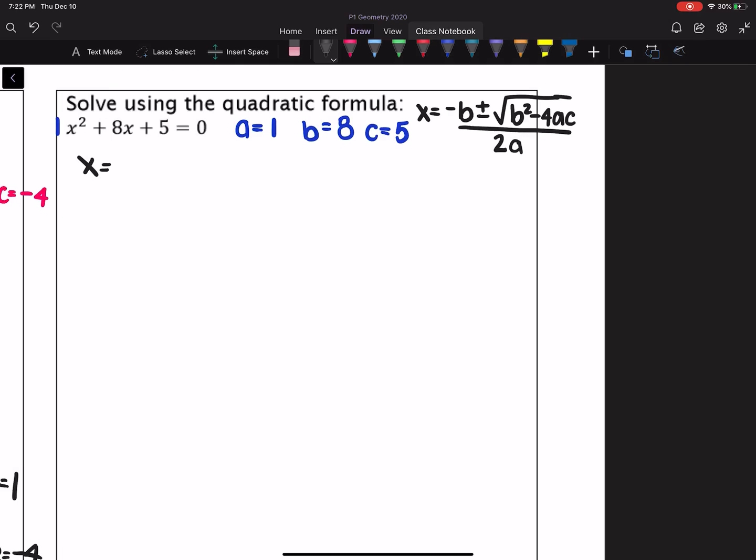So we have x is equal to the opposite of b, which is 8, plus or minus the square root of b squared, which again is 8, minus 4 times a and times c. So a is equal to 1 and c is equal to 5.